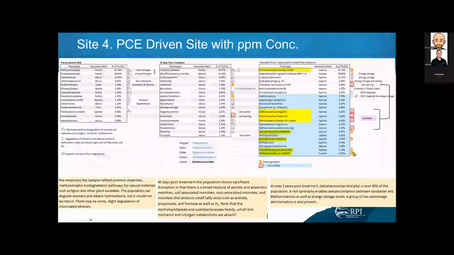Now, if we move to the right, we see the saturated zone 2 years and 4 months post-treatment with CAT 100. And you see Dehalococcoides McCartyi at 41%. You see some other microbes, especially down in the low percentages, that are also dehalogenating microbes. Now, this site is not as exciting.